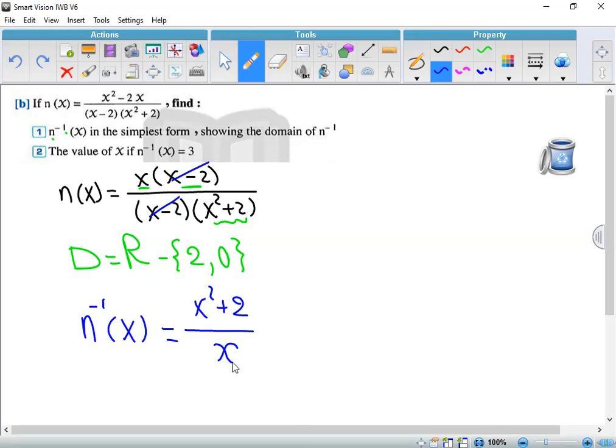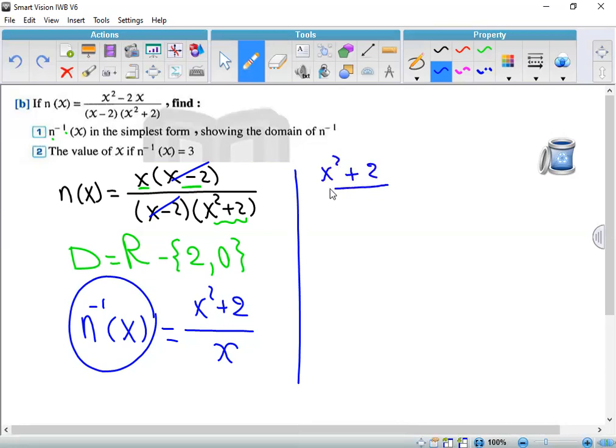After this, he tells us to find the value of x if n inverse of x equals 3. He gave me this equals 3. What do I do? I will say x power 2 plus 2 over x equals 3.